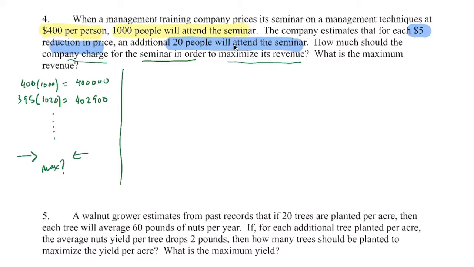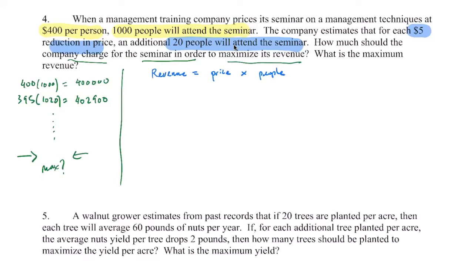So what we're going to do is construct a revenue function. To calculate the revenue, it's going to be the price per person for this seminar times how many people attend the seminar. How do we calculate the price?